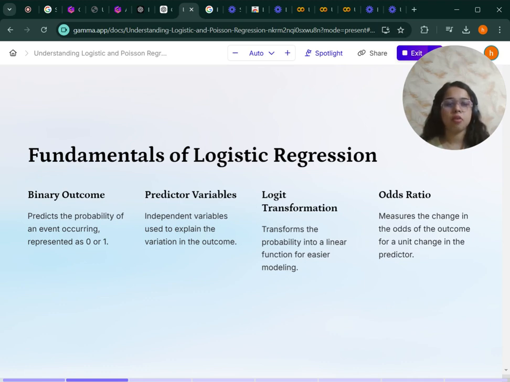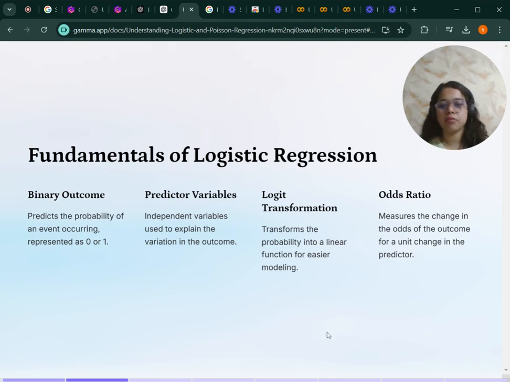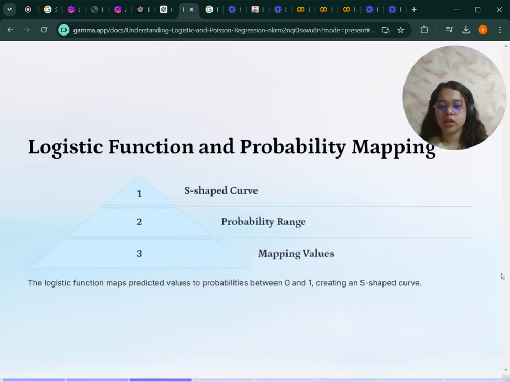And lastly, we have odds ratio. The odds of an event are the ratio of its probability of occurring to not occurring, that is, odds equals p divided by 1 minus p. The odds ratio tells us how much the odds change with a unit increase in the predictor variable.